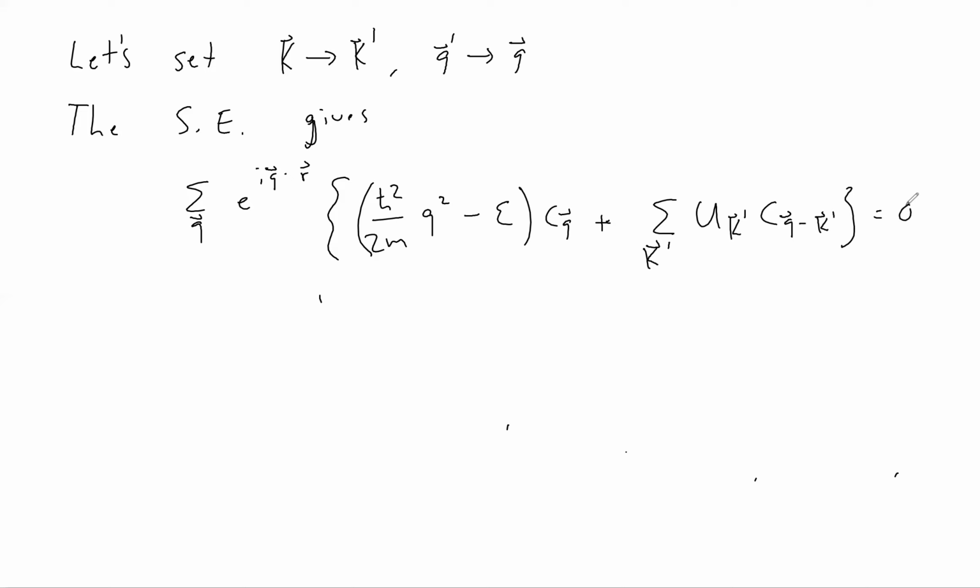So this is the equation that we are solving, the Schrodinger equation. Here's the energy eigenvalue, and the wave function is now expressed in terms of these Fourier coefficients c_q, which correspond to the amplitudes of the plane wave at wave vector q. Okay, so this whole sum must be equal to 0. Because the plane waves are orthogonal, each term in this sum must also be 0.